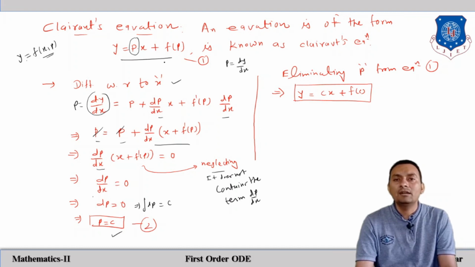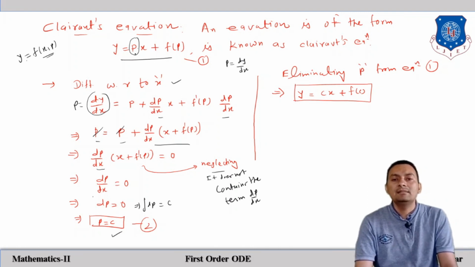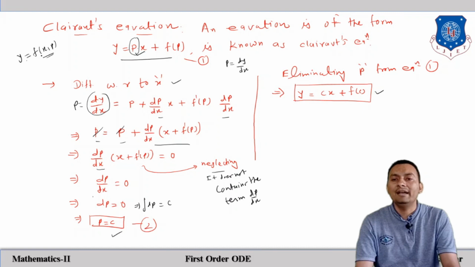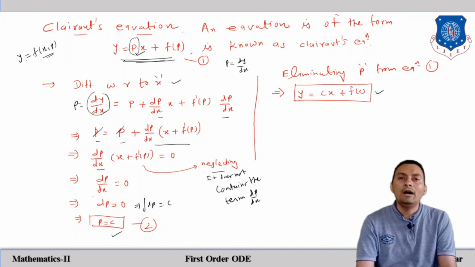Because we have obtained equation number 2, we can write p is equal to c, and whatever we get will be the general solution. So whenever we have the function y is equal to px plus a function of p, in that case p is simply replaced by c, and that gives the general solution.